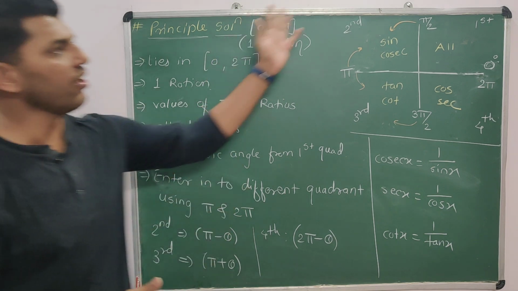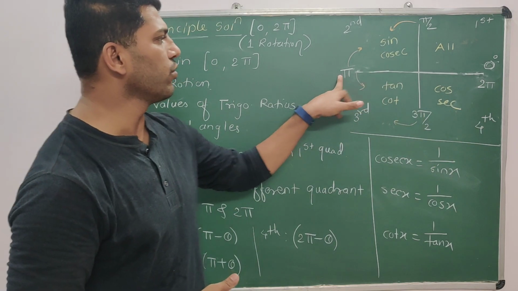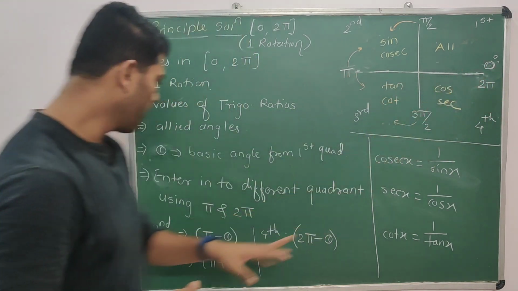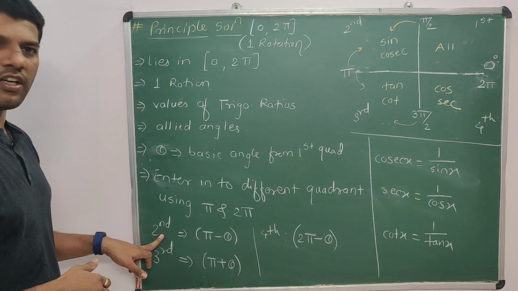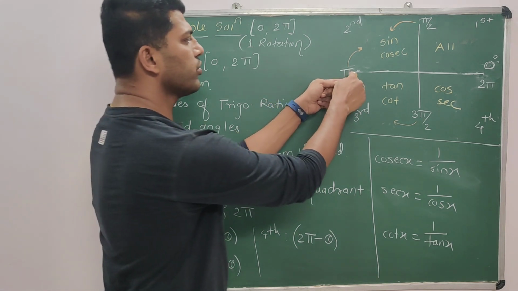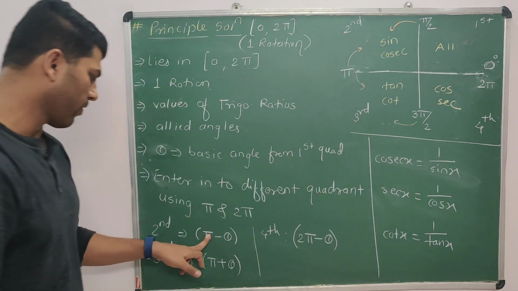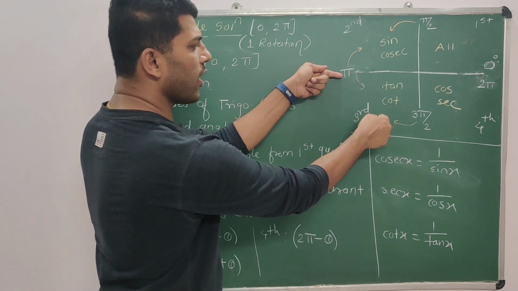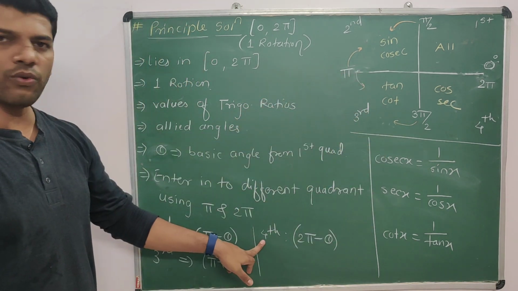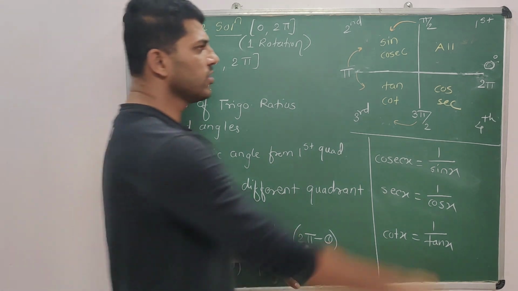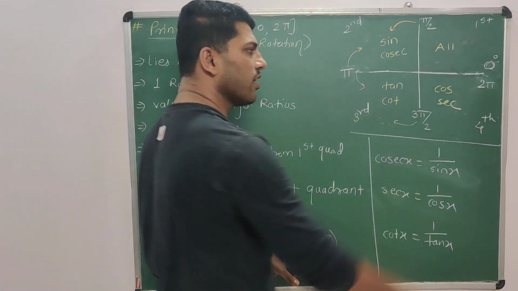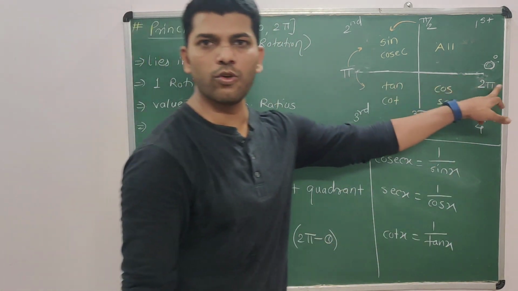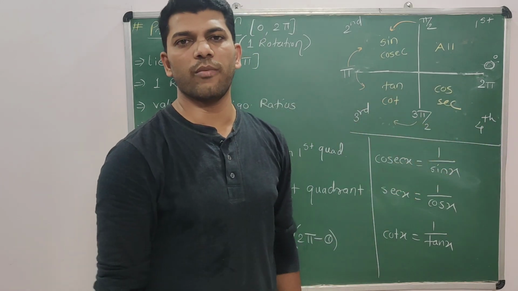See, to enter into any quadrant, only use pi and 2 pi. For example, if you want to enter into the second quadrant, use pi minus theta. If you want to enter into the third quadrant, please use pi plus theta. If you want to enter into the fourth quadrant, please use 2 pi minus theta, because pi and 2 pi don't change the trigonometric ratio.